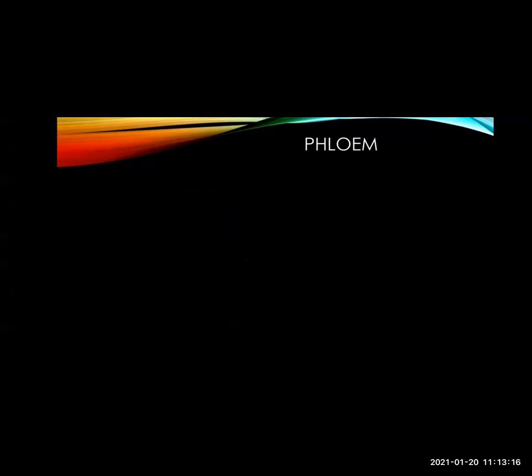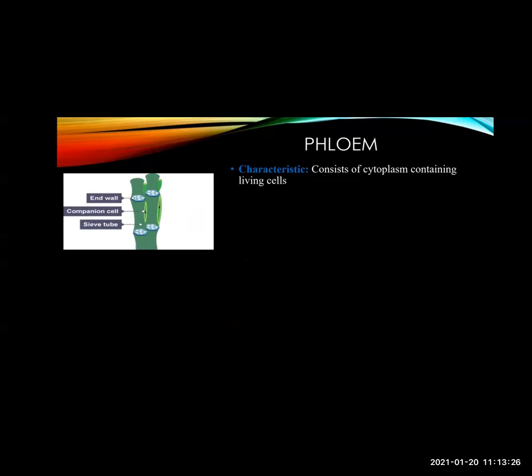The next tissue is phloem. Now, phloem consists of living, cytoplasm-containing cells. These are the major components of the phloem.